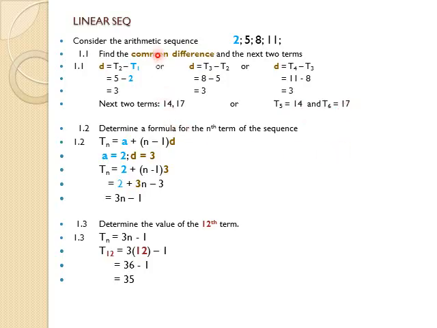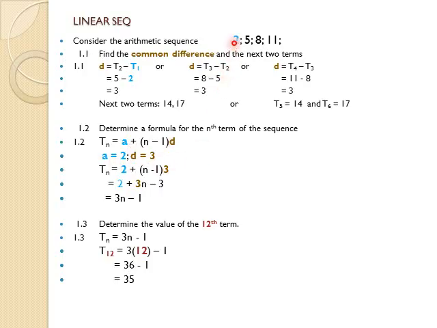Right? With arithmetic sequences, we'll generally ask you to determine a formula for the nth term of the sequence. Also sometimes we specify general term of the sequence. So the formula we use, Tn equals a plus n minus 1 times d. And take note there's many formulas. I'm not just sticking to this because a lot of the word problems we are going to be using this formula.